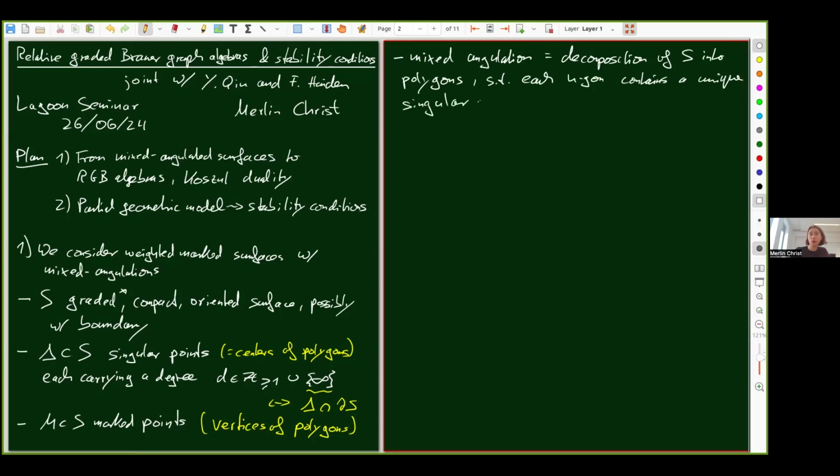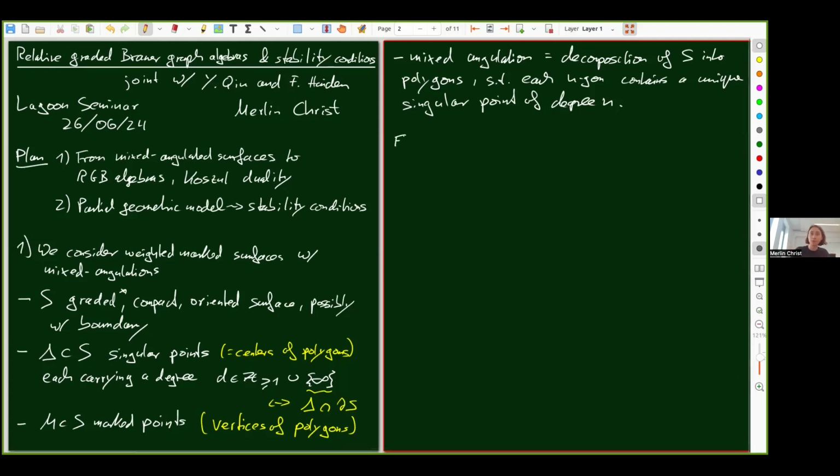So if we have a point, this will always be an interior point of an n-gon. The valence, the number of corners of the gons, doesn't change if you look at the center points, if you have a fixed surface.